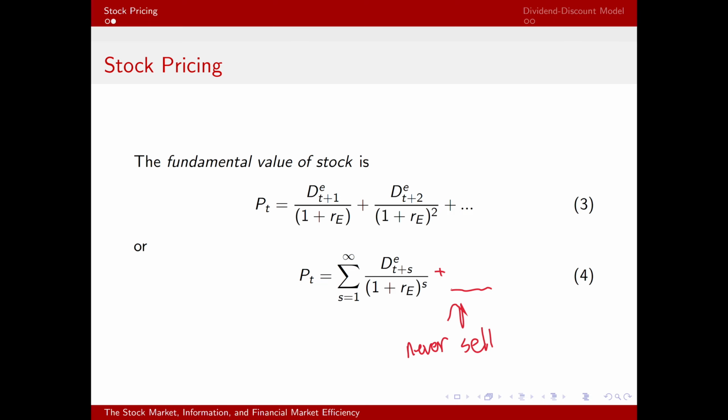But this is just saying we're going to hold on to this stock forever, and we're going to just sum and discount the entire future cash flow that we're going to get from the company. And we can get a fundamental value of this stock by just taking this summation of the dividend flow into infinity. And so this is one basic primer way to extrapolate a price of a stock.